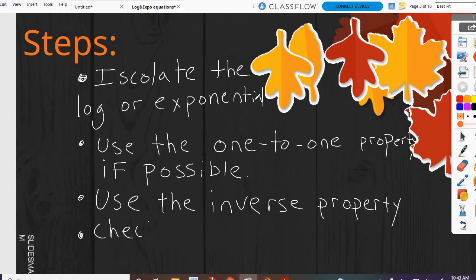And then once you have it all solved, we need to check for extraneous solutions. What does extraneous mean?